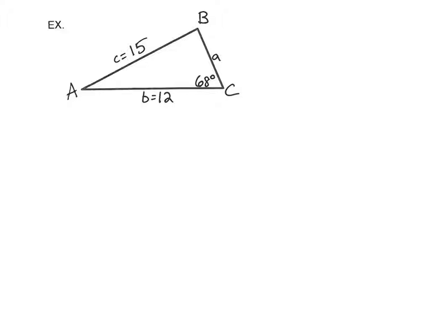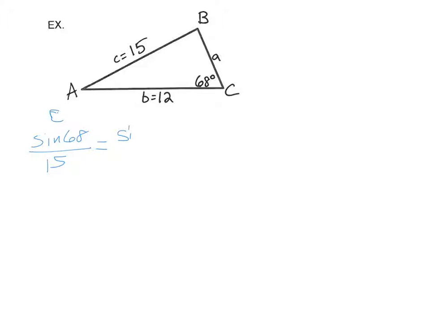This time we only have one angle, angle C, and we have side C. So we have no choice but to use the C's to start off with. Sine of angle C, which is 68, over side C, which is 15. Now, A's and B's, we don't have anything for the A's, so we'll have to use the B's.